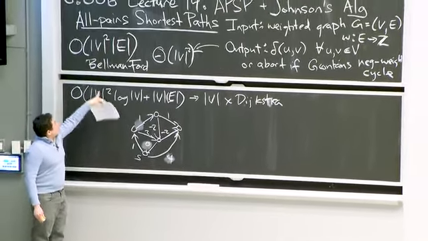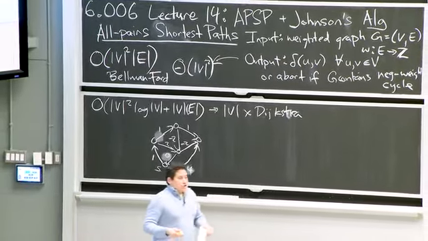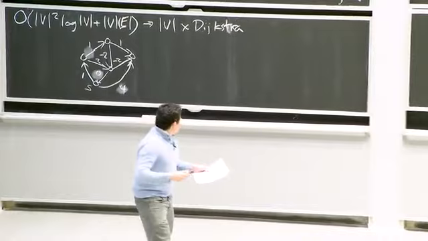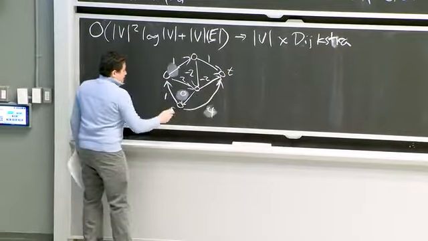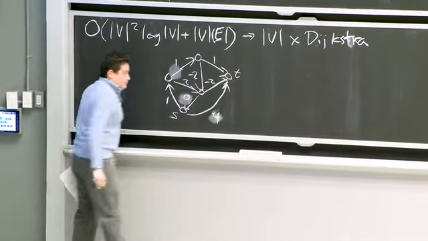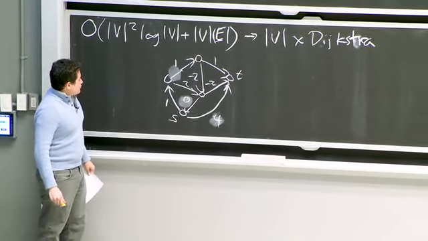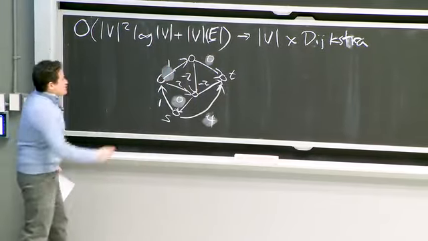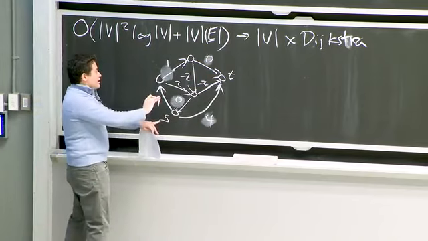Well, maybe it's possible that we can change the weight of every edge so that they're all positive, but shortest paths are preserved. So basically, the shortest path from S to T here is 1, 2, 3, right? I could change edge weights in this graph. Say, for example, if I changed 1 to 0 here, that would still make this a shortest path, right? I've reweighted the graph. Shortest paths have to be the same in this graph.